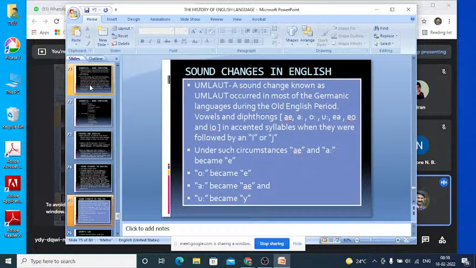So remember the fact that umlaut refers to the change of vowel quality, and many vowels, monophthongs and diphthongs, underwent a lot of changes as the language evolved. Based on the kind of quality change that happens to particular sounds, you have different kinds of umlauts, and you have I-umlaut.